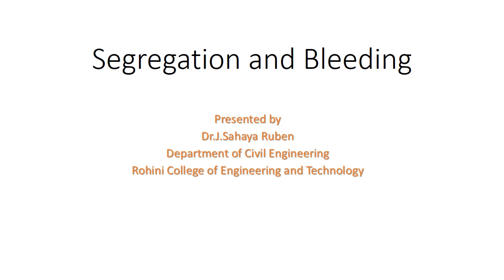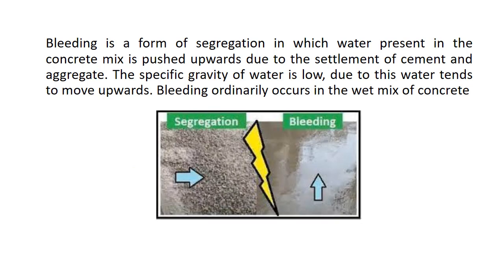Segregation can be defined as the separation of the constituent materials of the concrete. A good concrete is one in which all ingredients are properly distributed to make a homogeneous mixture.